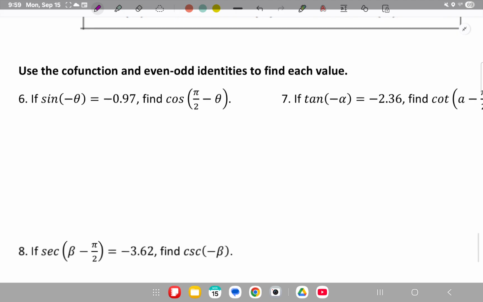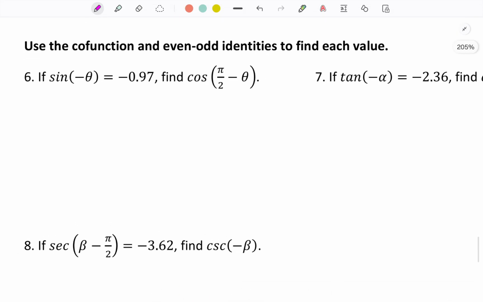If you have the sine of negative theta equals negative 0.97, we need to find the cosine of pi over 2 minus theta. So first of all, we are going to get sine to where it is positive.